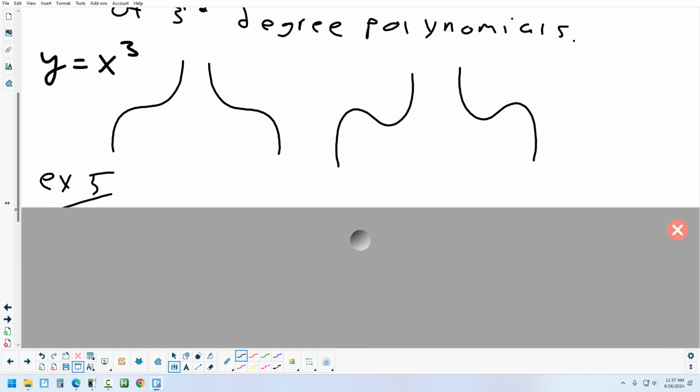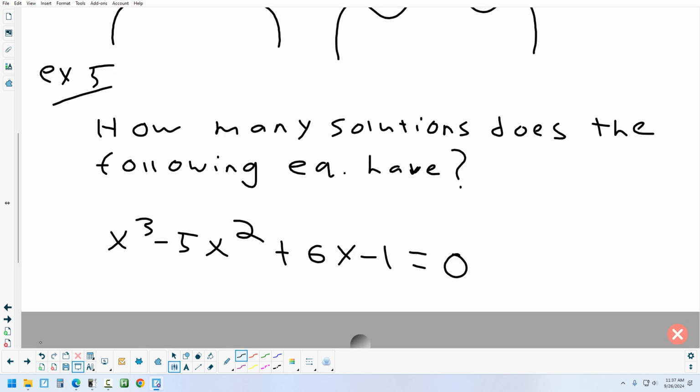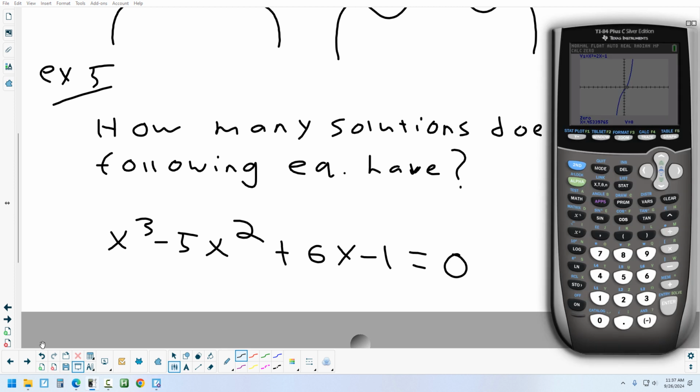So if on the test I gave you something like this and said, how many solutions does that equation have? When you graph it, what would you be looking for? How many times it crosses. Yep. And then if I asked you to find one of the places where it crosses, what do you press?